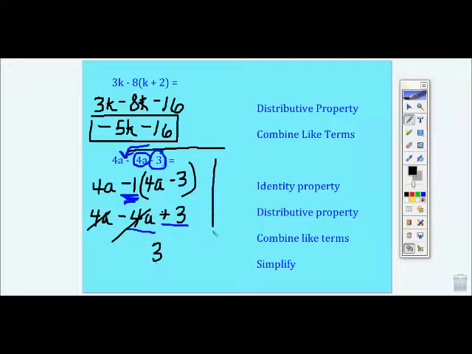Another thing to point out is you'll see how I'm solving going down as I simplify. That is the method we use in algebra. You want to put the simplified ones right underneath each other in that process. All right, and that finishes us off for lesson 2.3 of simplifying variable expressions.